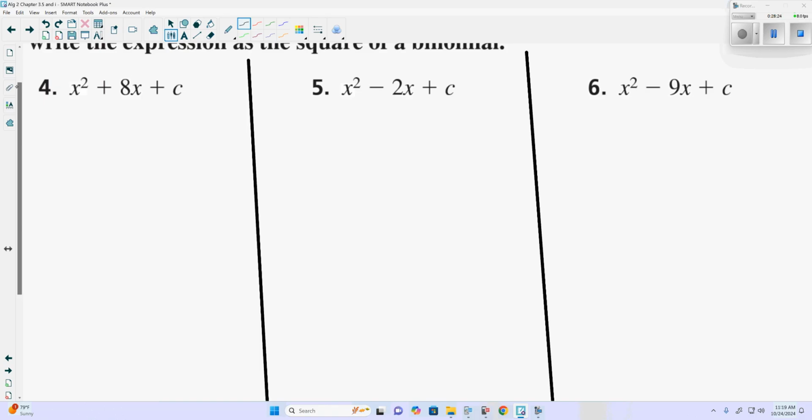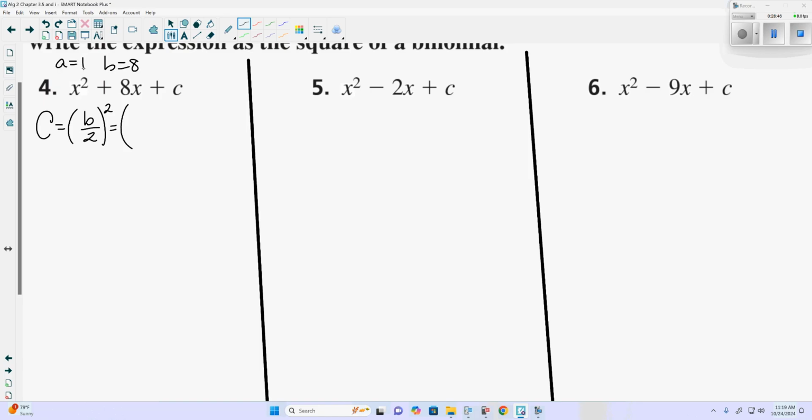Let's look at these here. We want to find the value of C so that we can rewrite this as a single set of parentheses being squared. Now for us here, C is equal to B over 2 squared. And B in our case would be 8.